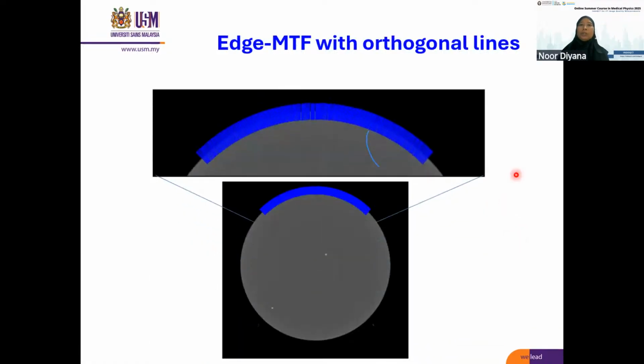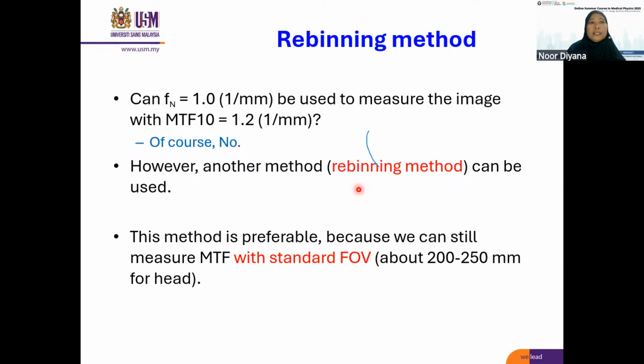So using automated measurement for each MTF, it gives you the orthogonal lines of the edge, so it measures from the edge of the phantoms. I will show you later using IndoQCT, and during the demonstration Dr. Anam will also show you the edge MTF.